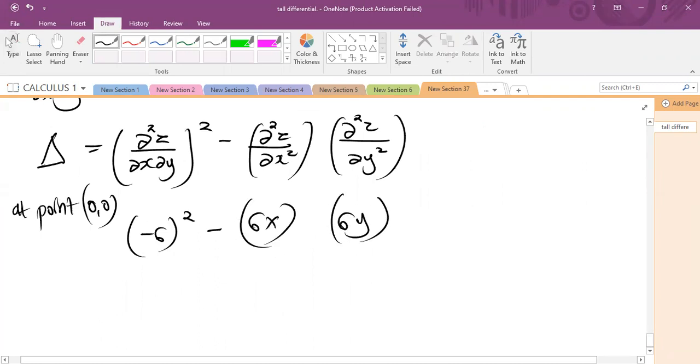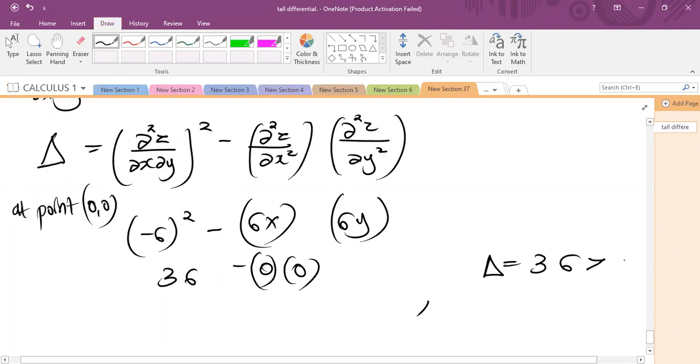So at the point where x is 0 and y is 0, this will just give 0. Minus 6 squared gives 36. So since this gives 36, and 36 is obviously greater than 0, this particular point (0, 0) is a saddle point.